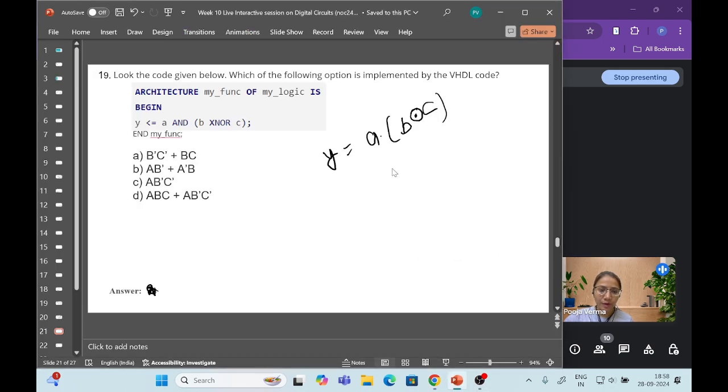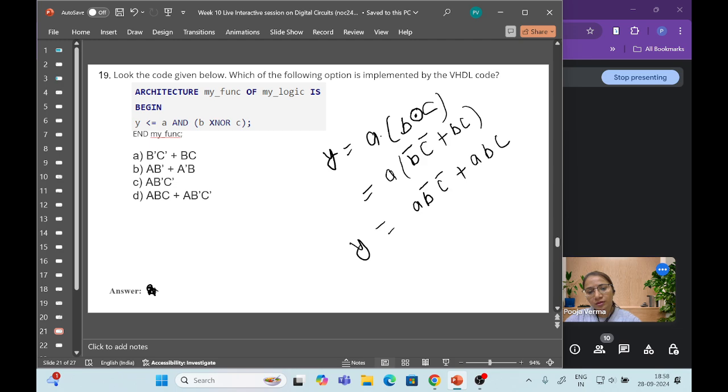After expanding or solving this question, A, B XNOR C means B dash C dash plus BC. Then we multiply by A: A B dash C dash plus A B C. So check in the answers which option is matching.